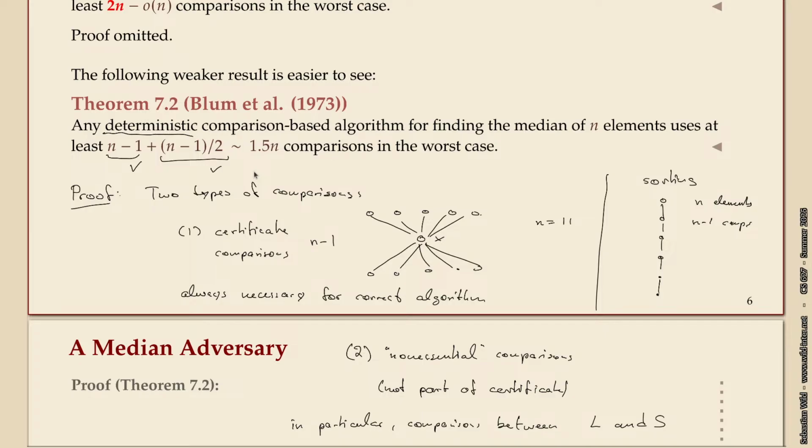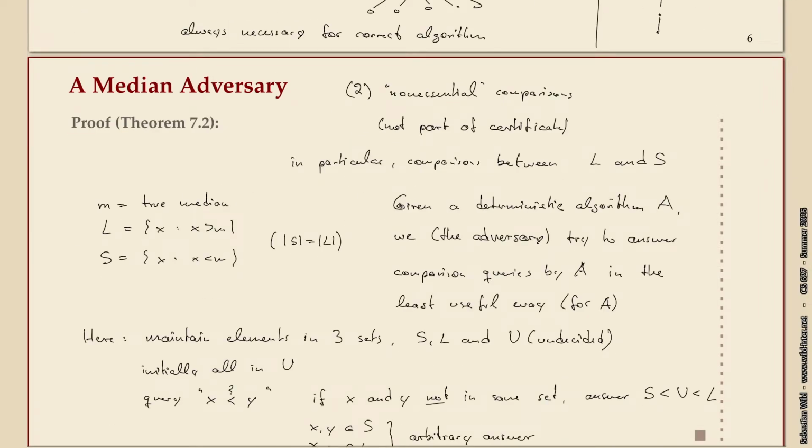What we're doing with this adversary is we delay the decision which leaf we will eventually reach in the process, by making the outcome of the comparisons that the algorithm asks us to answer depend on some past behavior of the algorithm or what we know about the elements so far.